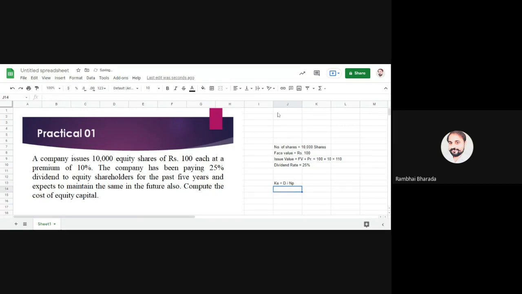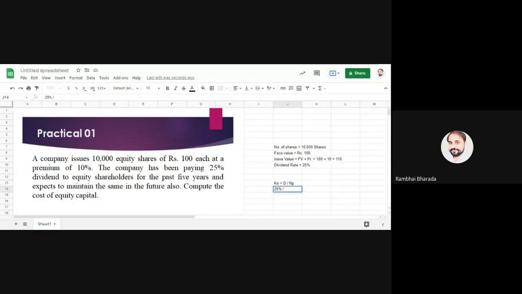Here D stands for dividend rate. Your dividend rate is 25%, divided by NP. NP means net proceeds.